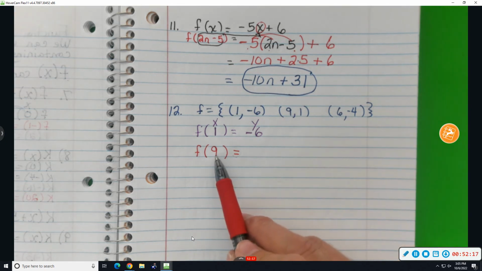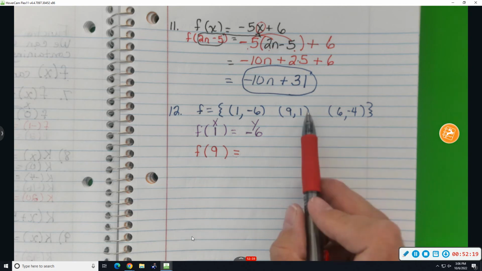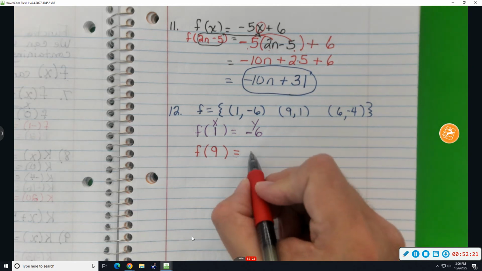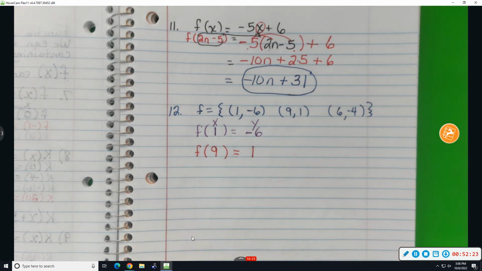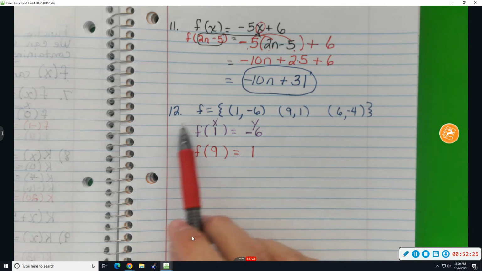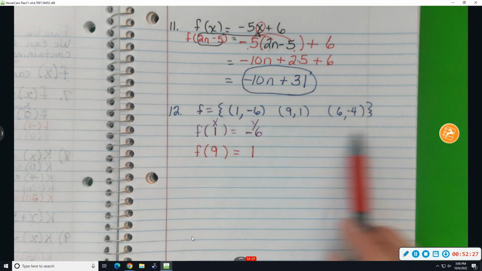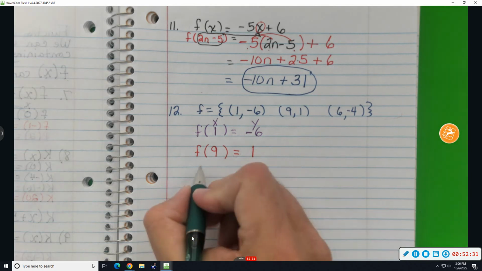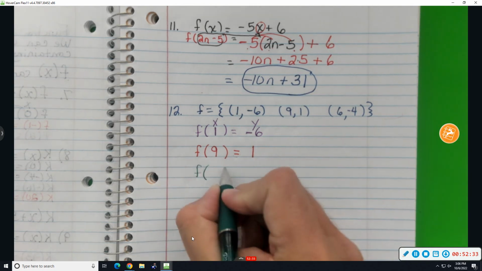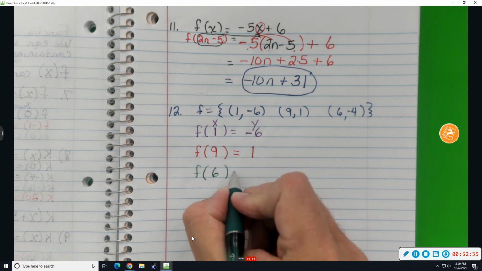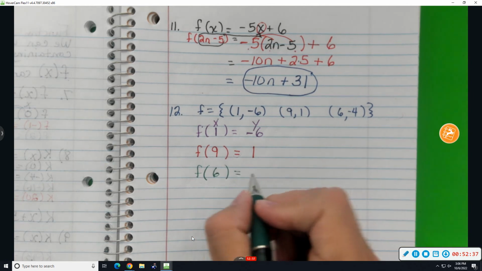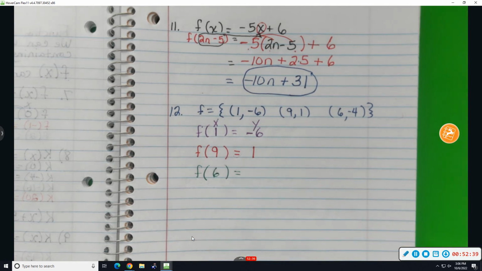Okay, if x is 9, y is 1. There's still one more problem that we could get out of this set of ordered pairs. Could y'all tell me the next one I'm about to write? F of 6 equals what?